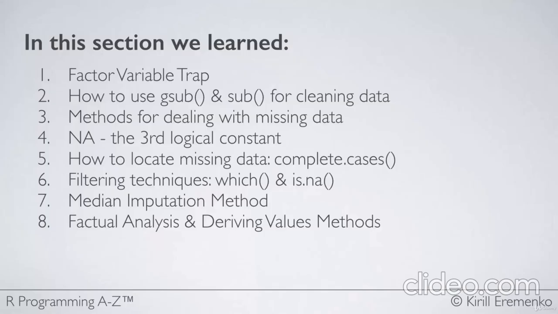And moreover, you should take into consideration those mathematical relationships when using the median imputation method, because for instance, we had an example with 3 values, revenue, expenses, and profit, and out of those 3 we could only use the median imputation for 2, and then for the third one we would have to use the deriving values method, because otherwise our data set wouldn't add up. And so things like that you should also take into consideration.